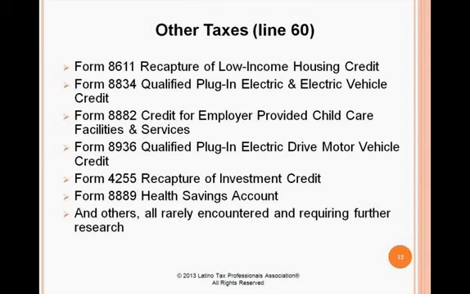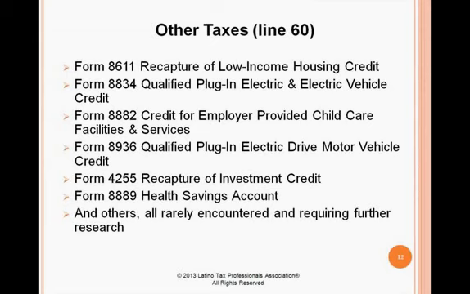There are additional taxes, and there's a variety of minor little taxes that you need to be aware of, and they all fall under line 60. Some of these are Form 8611 for recapture of low-income housing credit, Form 8834 qualified plug-in electric and electric vehicle credit. There are very specific instructions and vehicles that qualify.